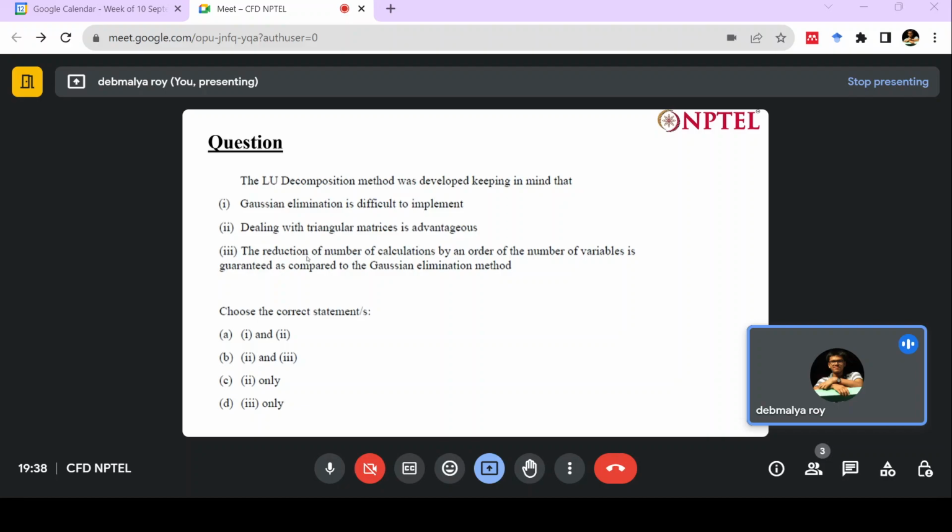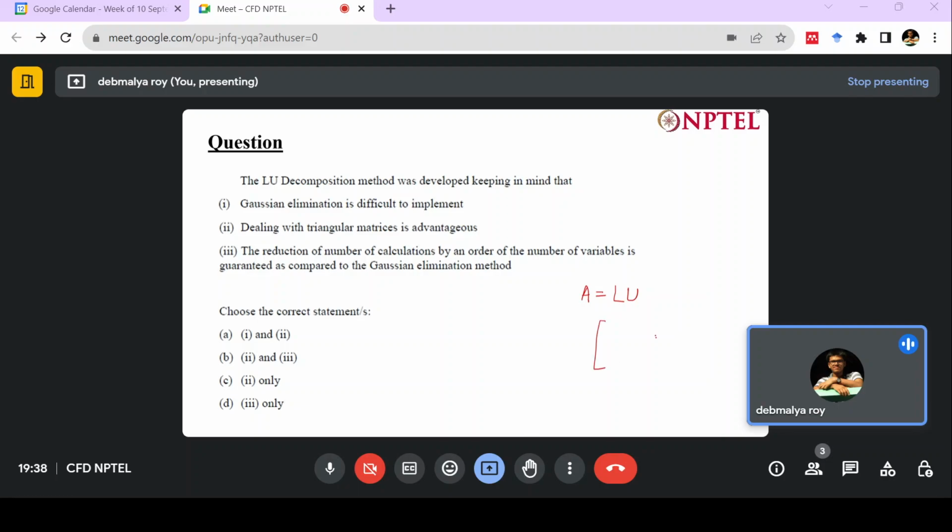So the next question is on LU decomposition. LU decomposition is a different method. If we have a coefficient matrix A, then we decompose it into the product of two matrices L and U. What is L?